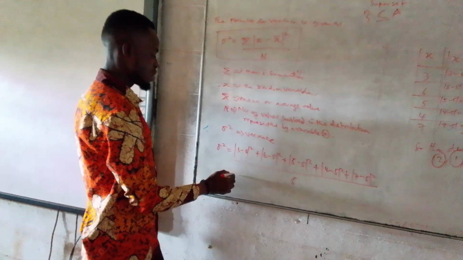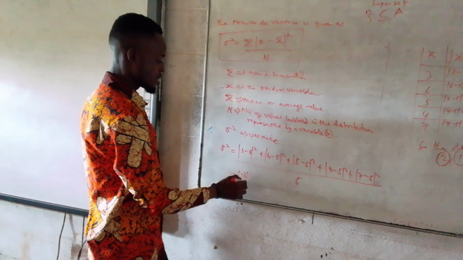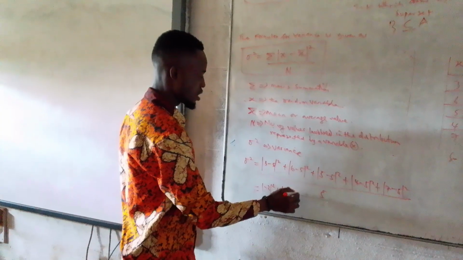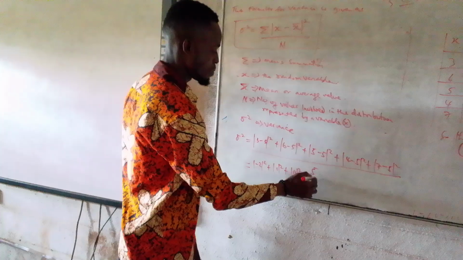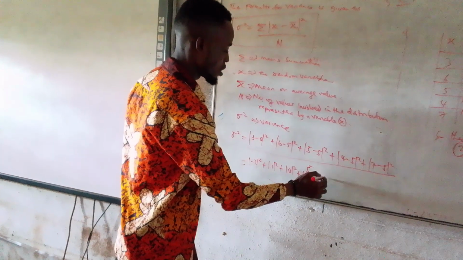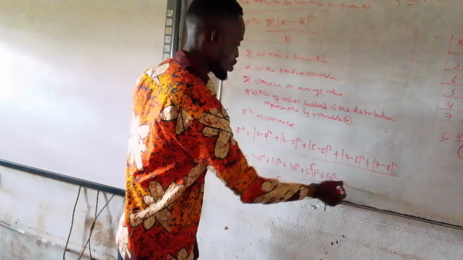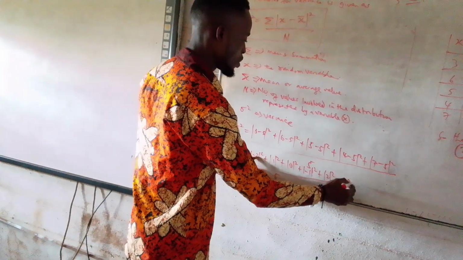If you do that, that is the reason why you change to positive. Minus 2 squared, minus 1 squared, 0 squared, 1 squared, 2 squared over 5.